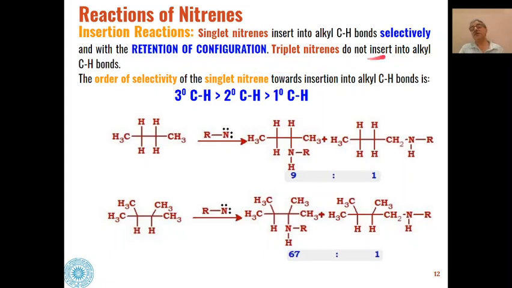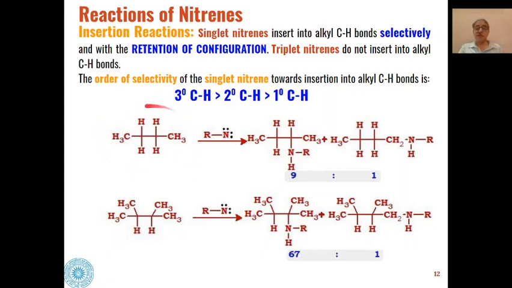Triplet nitrenes do not insert into alkyl carbon hydrogen bonds. The order of selectivity of the singlet nitrene toward insertion is that a tertiary carbon hydrogen bond is inserted very easily in comparison to secondary or primary. So tertiary is more than secondary, and secondary is more than primary. You can see these two examples.